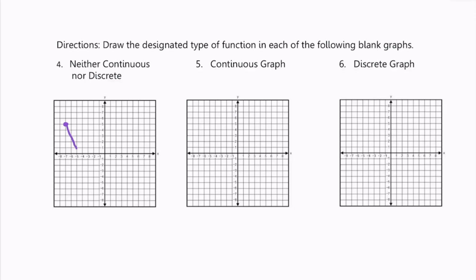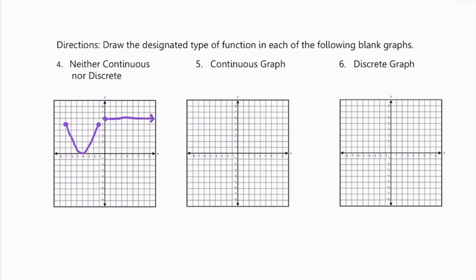So I'm going to make a little curve here, and I'm going to stop it there. And then I'm going to go here and draw an arrow out. Why not?